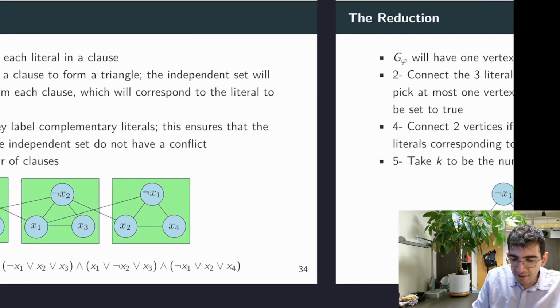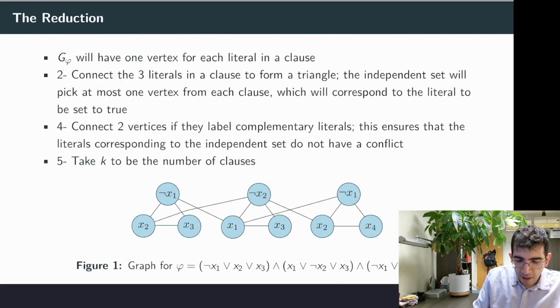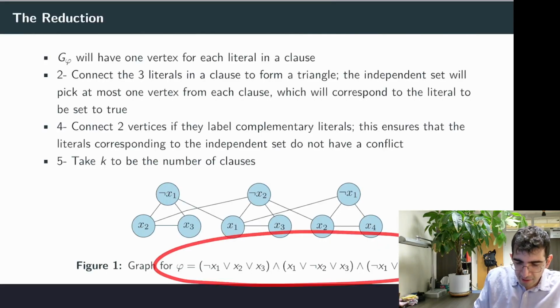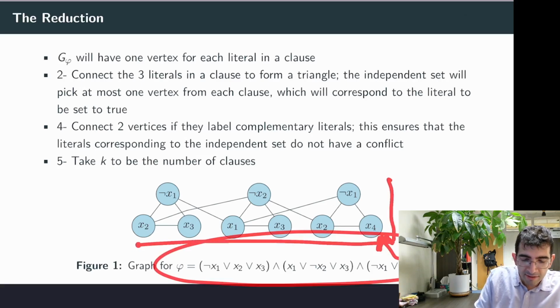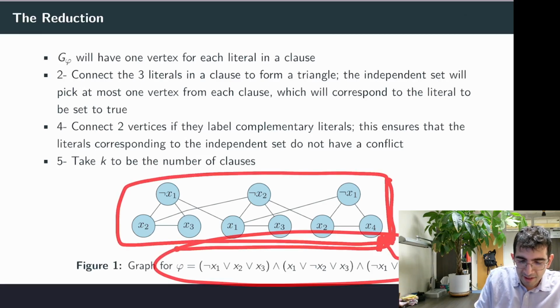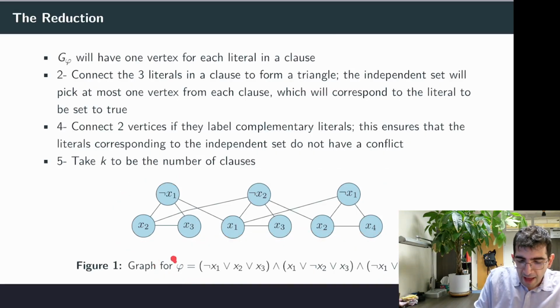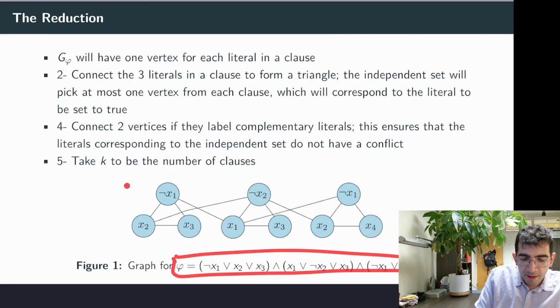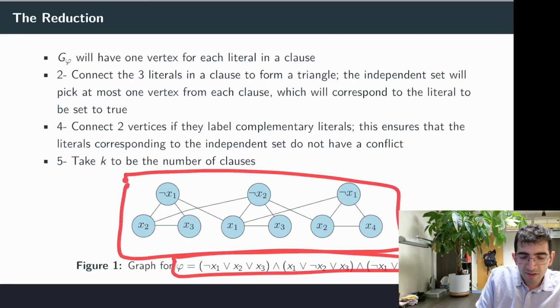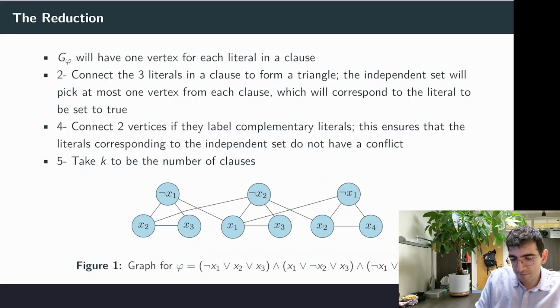So basically the reduction is simply we take a SAT formula in, we create a graph, and then if there is an algorithm that solves independent set, then it will also solve SAT, right? But we know SAT is a hard problem, so independent set must not have an easy algorithm, as far as we know.